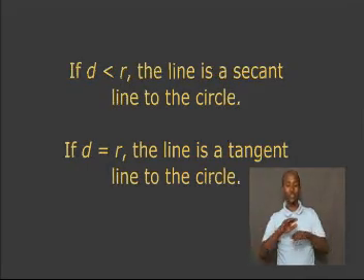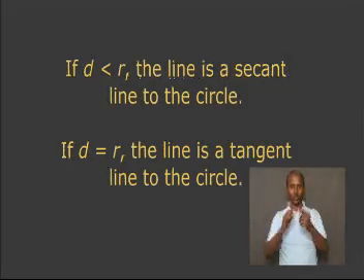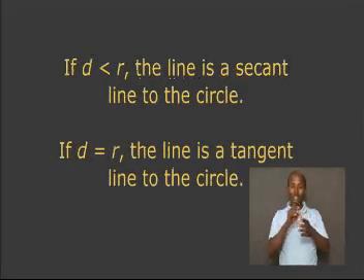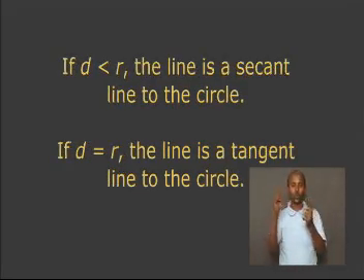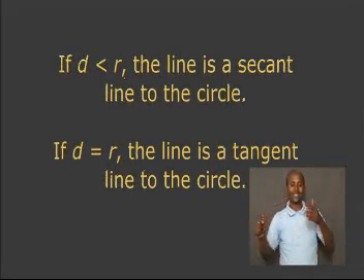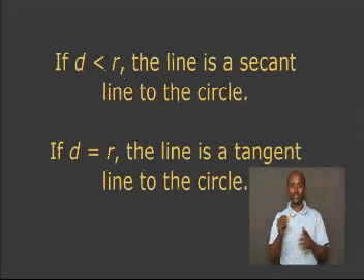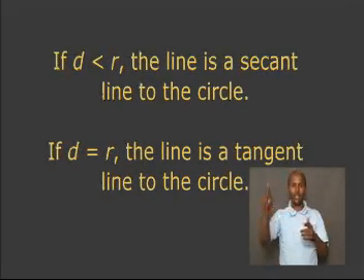It has 2 points of intersection. If the distance is equal to the radius, then the line is called a tangent line, and it intersects the circle at only 1 point.